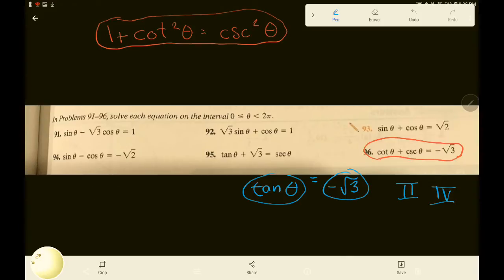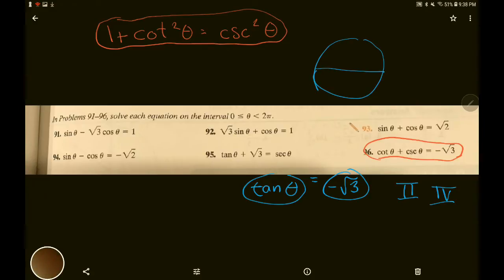So tangent equal to √3, that's like 1.732. That's greater than 1. So we know we're looking at either the 30-degree angle or the 60-degree angle, pi over 6 or pi over 3. And we're looking for the one where the sine is greater than the cosine. So that's actually pi over 3. So our reference angle is pi over 3.